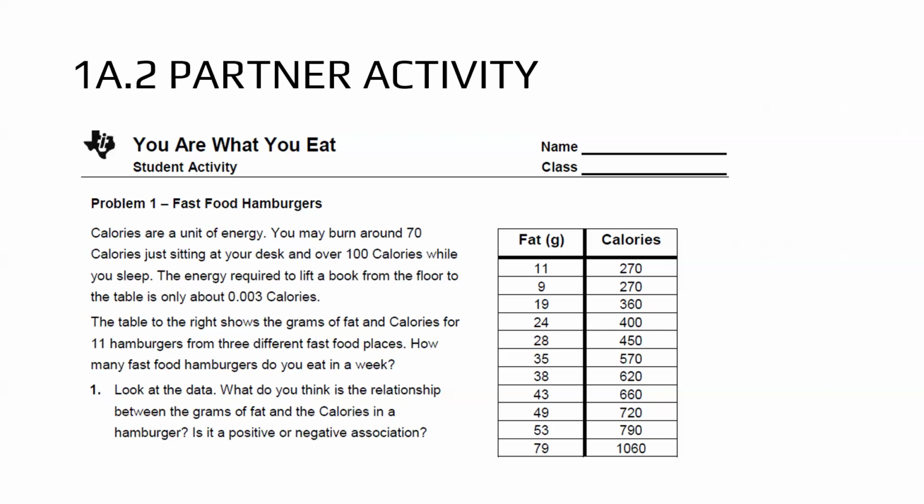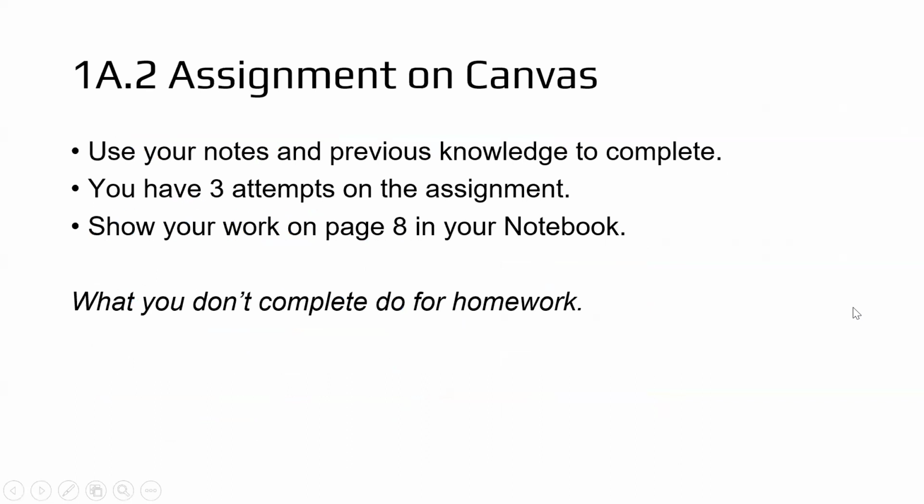All right. So you're going to work on this. If you finish this, which you probably won't, there is a Canvas assignment. But what you don't do, there are 3 attempts on it. It is multiple choice. You're going to show your work not on page 8, but on page, what page are we on now? 6? Page 6, right? You're going to show your work on page 6 in your handy dandy notebook.